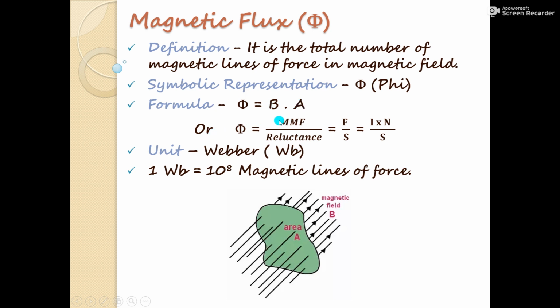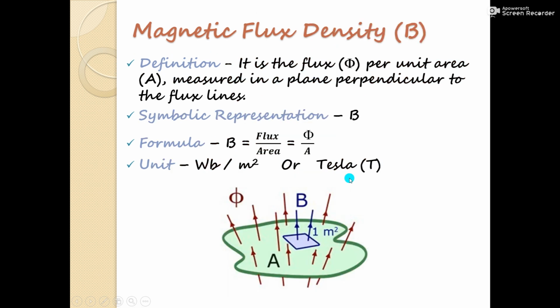Or phi can be written as MMF upon reluctance, so this is equal to F upon S, further equal to N into I upon S. The unit for magnetic flux is Weber. 1 Weber is equal to 10 raised to 8 magnetic lines of force.